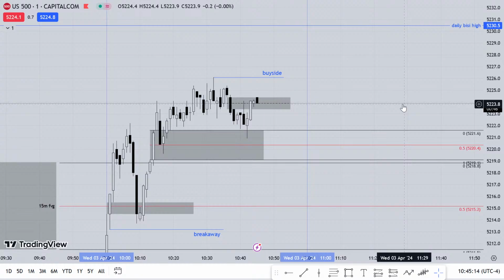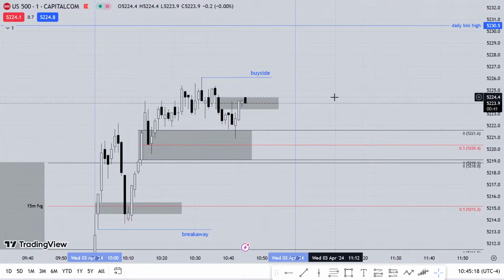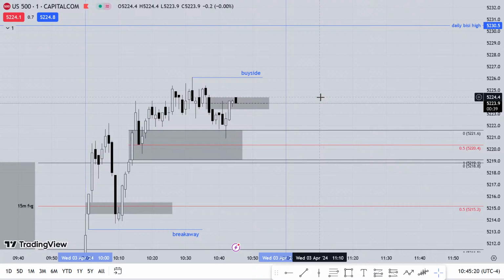Price is currently spending too much time in this fair value gap, and when it does, this is indicative of likely a change in state of delivery. So let's see how it prints.